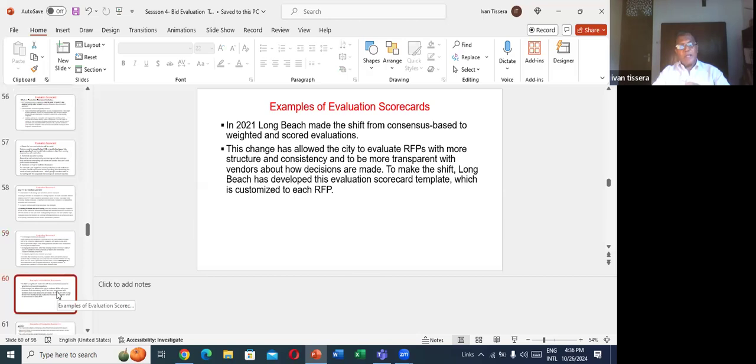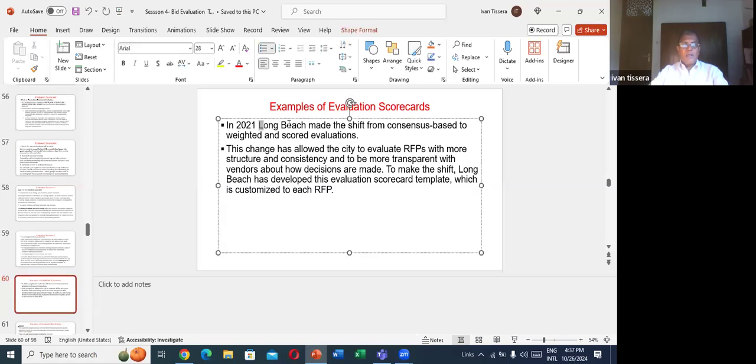Okay, it's an example. This institute, Long Beach, is an institute. Don't worry, this is not the World Bank example. They made the shift from consensus-based to weighted and scored evaluation.